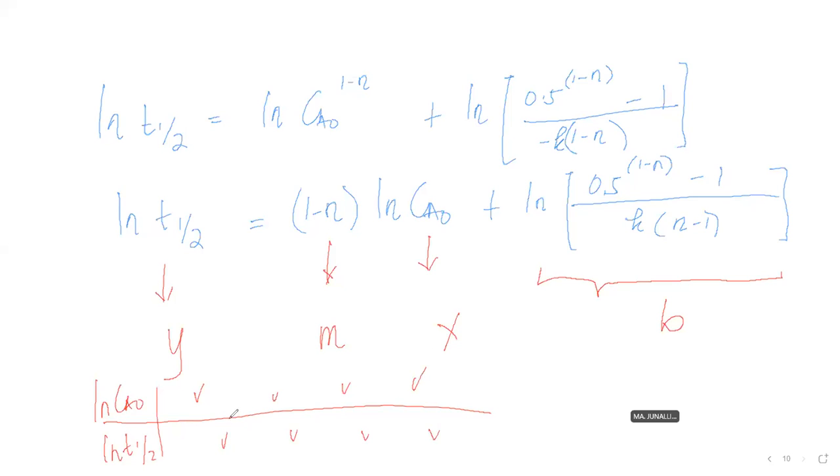Now you will consider the pairs here to be coordinates of a point and get the equation of the best fit line. That way, when you have the slope of that best fit line right away, you can solve for the 1 minus n. So once you have the m, you can now equate that to 1 minus n. That will, of course, allow you to solve for n.